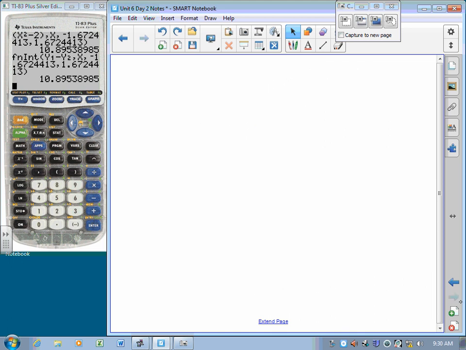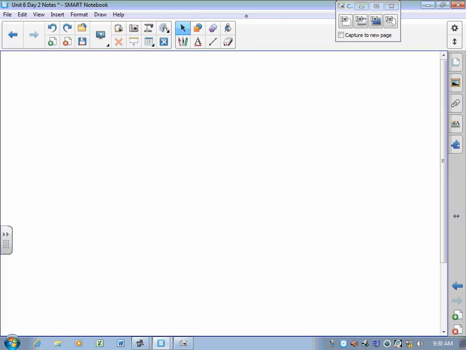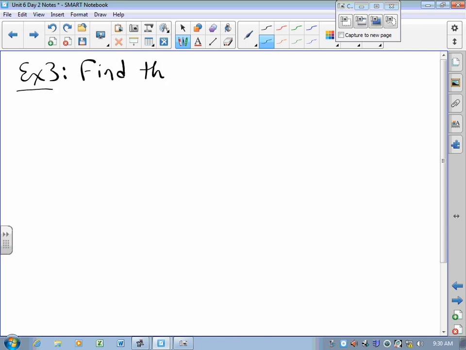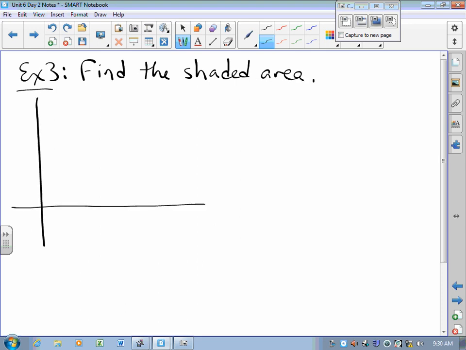So what happens? Blow it up. There we go. What happens if the shaded area involves 2 curves? Well, 3 curves.